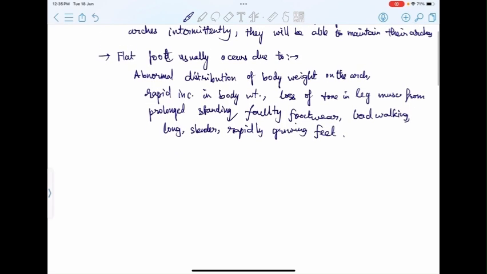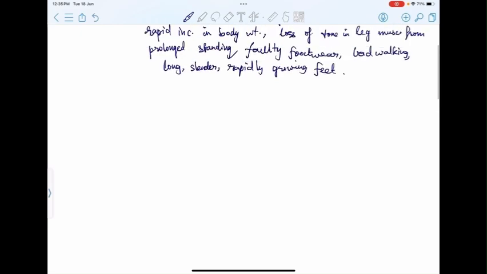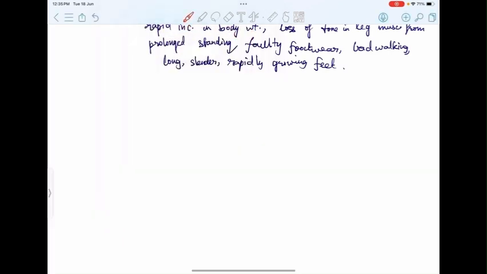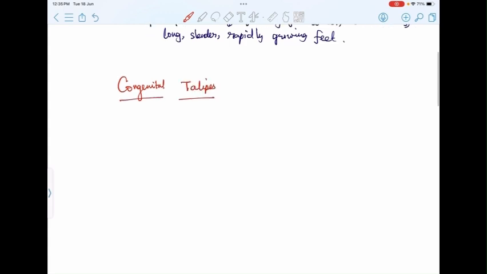Okay. Now let's move on to the other point. The final clinical anatomy, that is, let's choose the red color. There is the congenital talus. We are mainly going to discuss CTEV, congenital talus equinovarus. Before going on to congenital talus equinovarus, we have to know what is talus equinus.